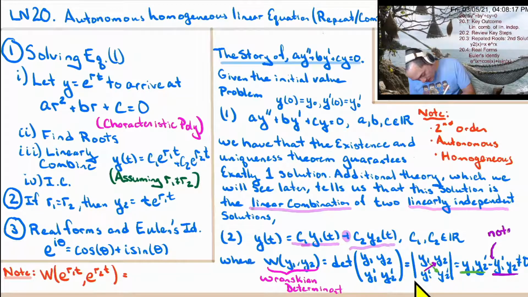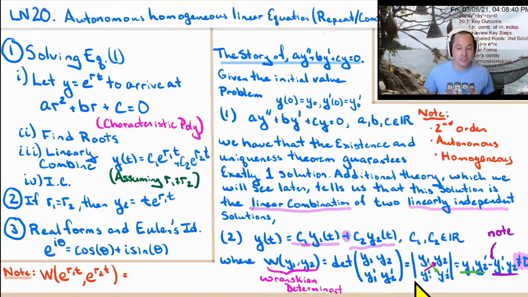Note the subtraction that occurs between those two terms. Okay? And what the Wronskian determinant tells us is if the Wronskian determinant is not 0, then the functions that we put in for y1 and y2 are linearly independent.